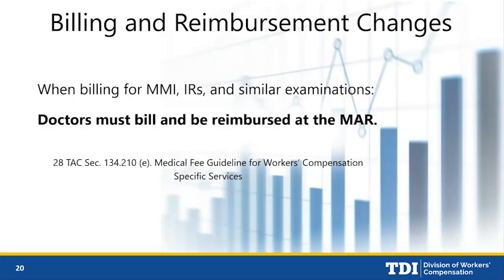So discounts to workers' compensation impairment rating fees for designated doctors, RME doctors, referral doctors, or treating doctors are not allowed. So no discounts, no discounts for certified workers' compensation network discounts. So just something to keep in mind as well.